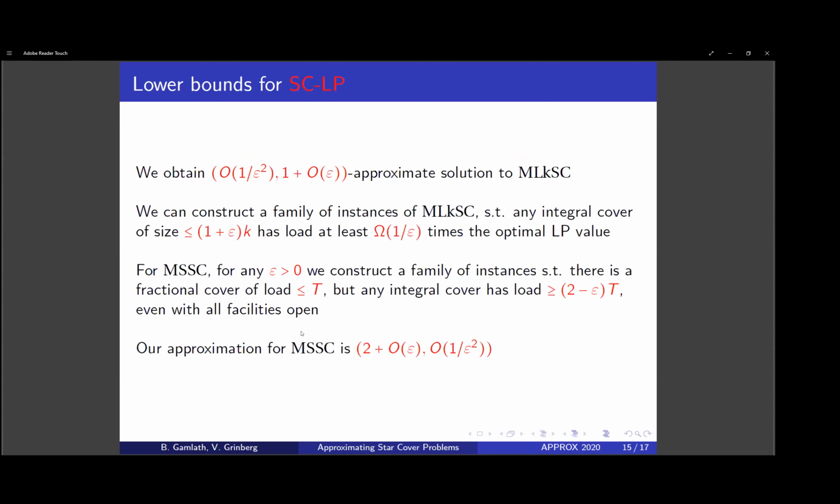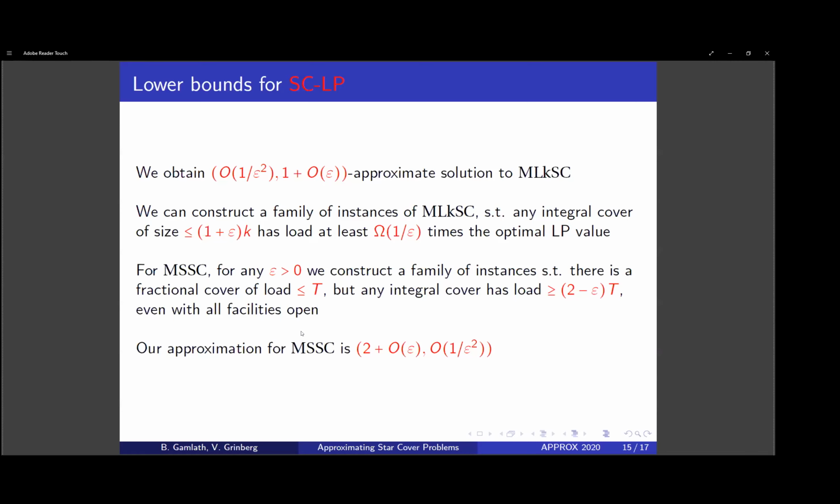If we try to use this linear program as it is, a standard linear program, then we show that any integral star cover of size at most 1 plus epsilon times k has load at least omega of 1 over epsilon. So we cannot get a load approximation better than O of 1 over epsilon. Our approximation is O of 1 over epsilon squared, so it is not tight.